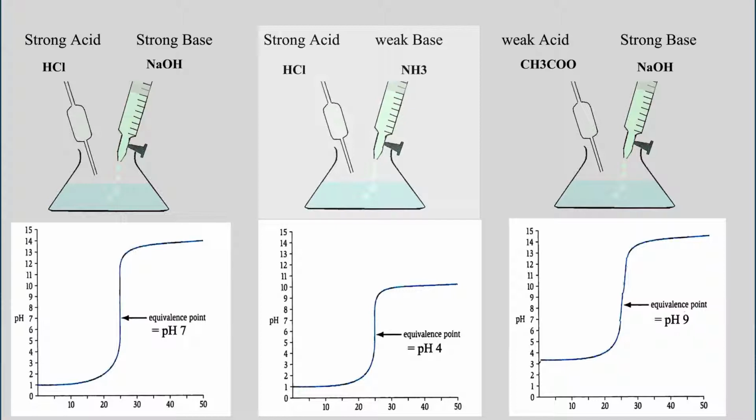This time, I'm using a strong acid with a weak base. Weak base, for example, ammonia. Strong acid: once I put the pipette in, the vase will go to pH 1, high concentration of H plus ion.